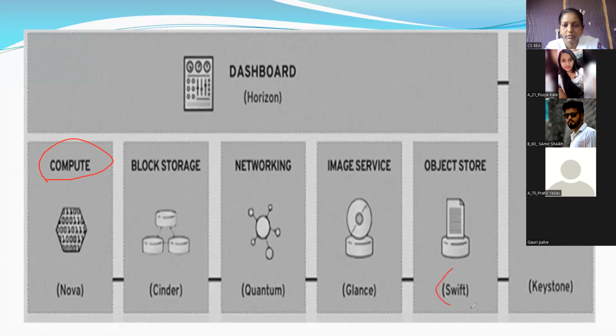Then we have seen for image services Glance. Then for networking, that is Quantum or the networking process. Then block storage, that is Cinder. Then identity services, that is Keystone. Then telemetry, we have seen orchestration.